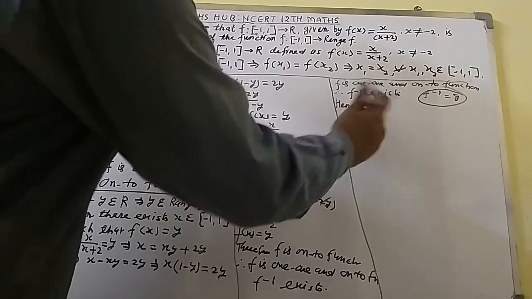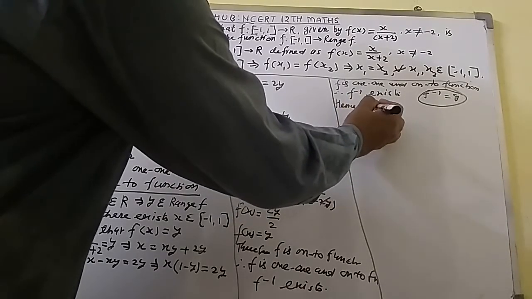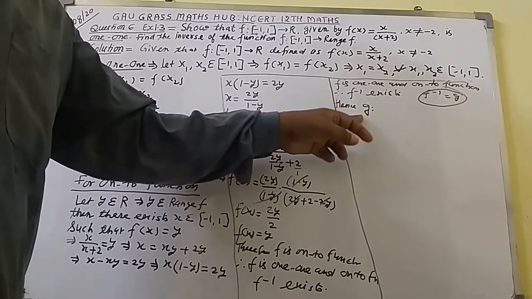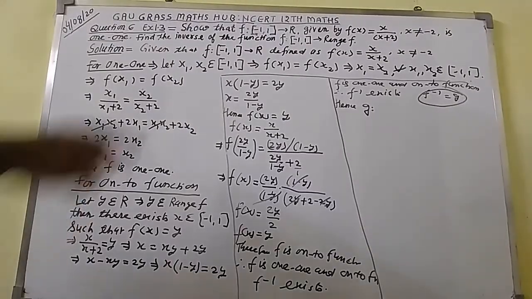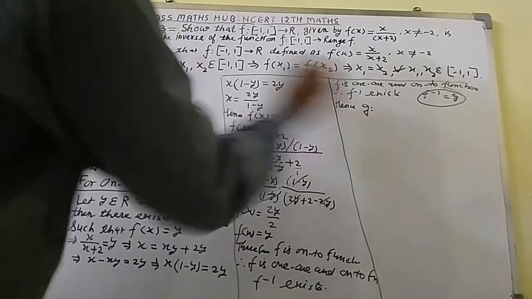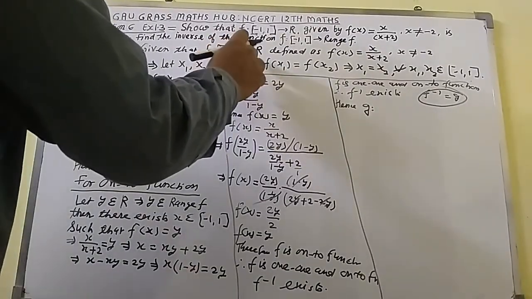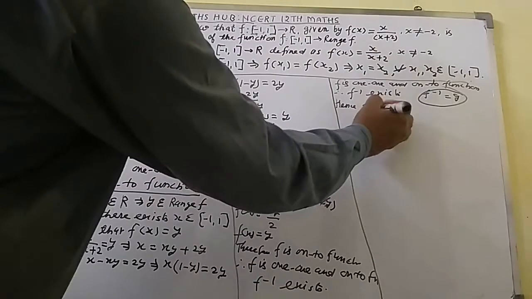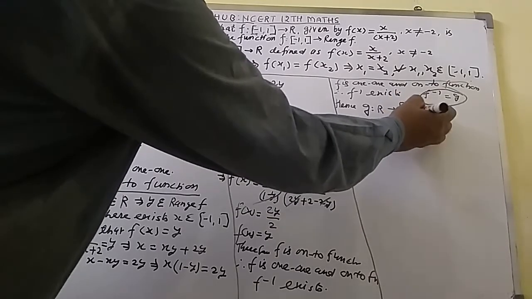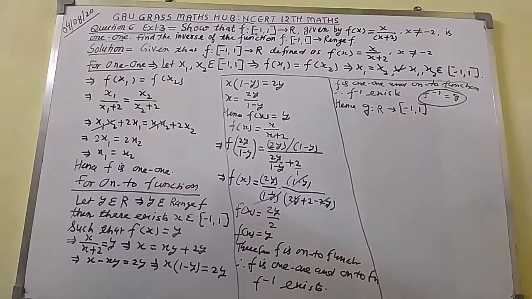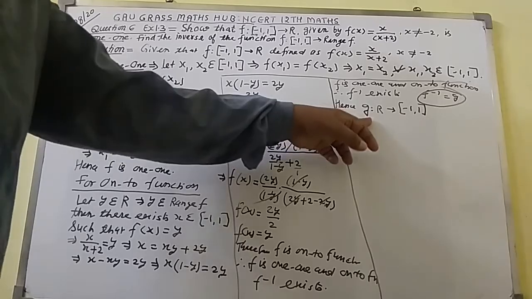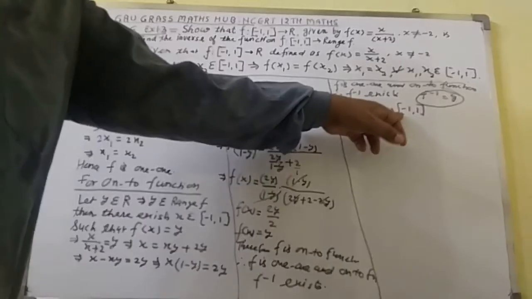So this g here I shall write, if f inverse exists, f inverse equal to g I shall write here, and this function will be reversed. So here in place of domain we shall write range, capital R, goes to close interval -1, 1. This you have to write. g is from capital R to close interval -1, 1.